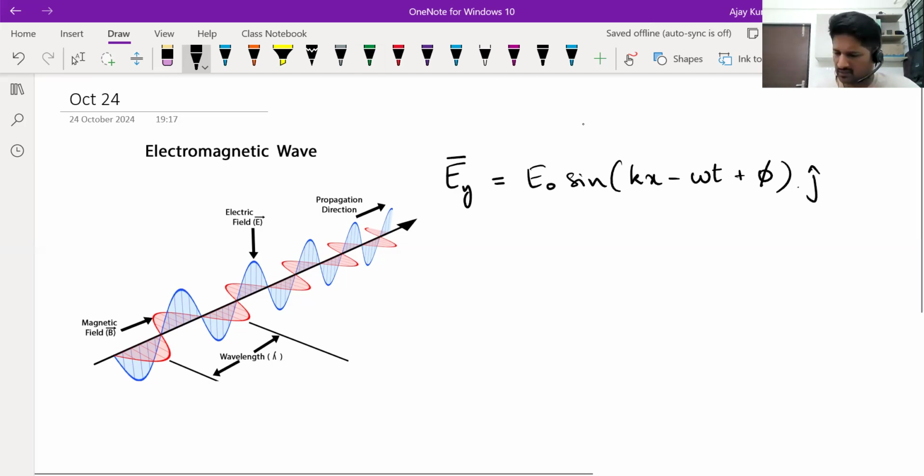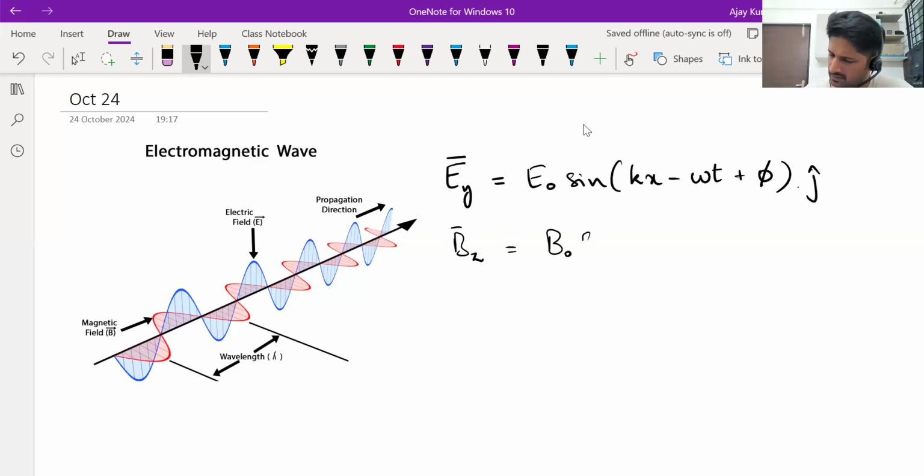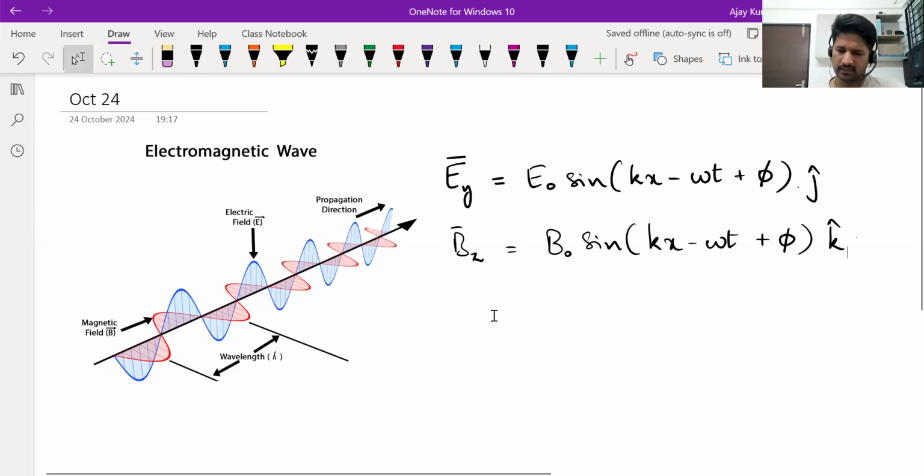And an electromagnetic wave will have a magnetic field also. Let's assume the magnetic field is in the z direction. You can write its equation like this. We know that the electric field and magnetic field will be in the same phase. Only their peak values will be different. Can one of you quickly tell me how E naught is related to B naught? Suppose the wave is traveling in vacuum.